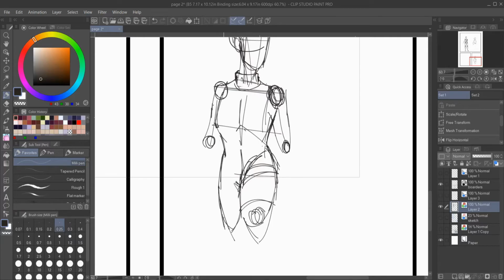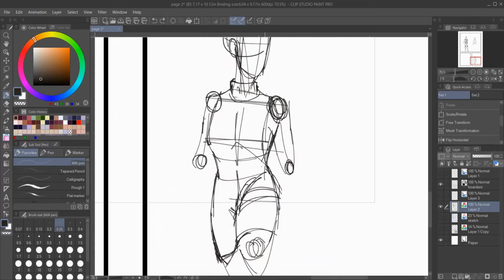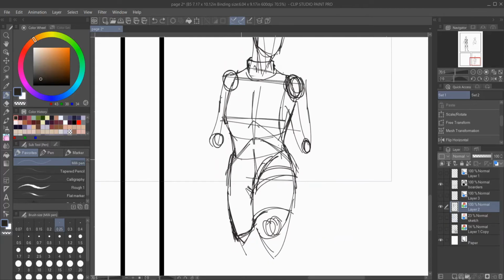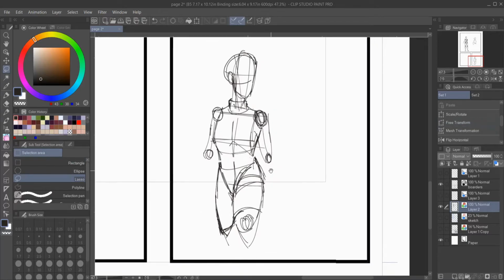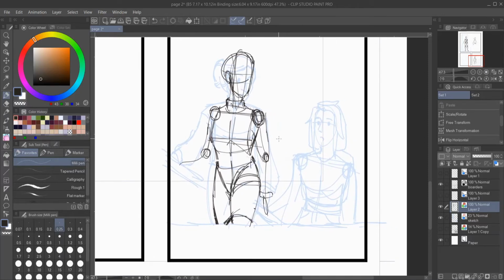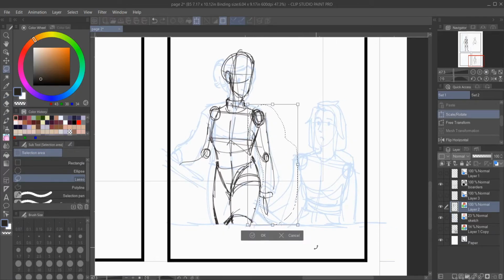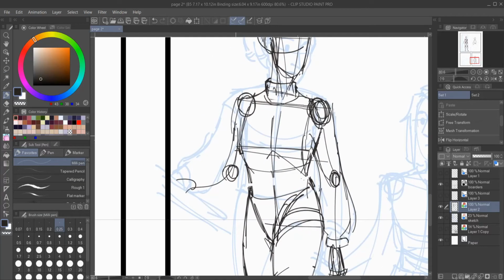If you've drawn your page in such a way that allows the reader to get the gist of what the page is about, what's going on, without having to read any of the dialogue, then sometimes you'll get readers who just skim over the dialogue and really just look at the panels.